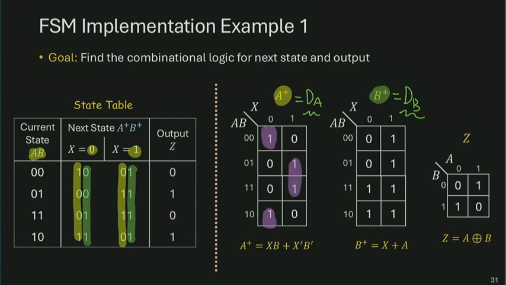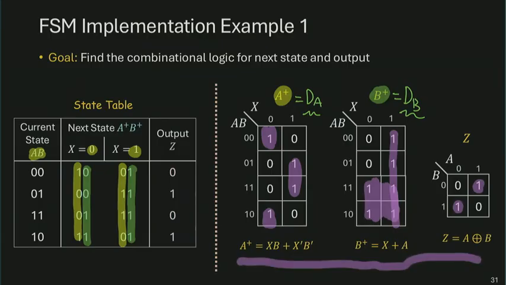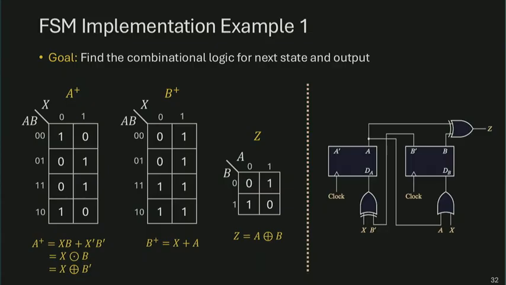Over here, that is X plus A. And Z is the XOR between A and B. I just have to translate these expressions into circuits. I have an XOR function over here for A plus, an OR function over here for B plus, and XOR for the output.